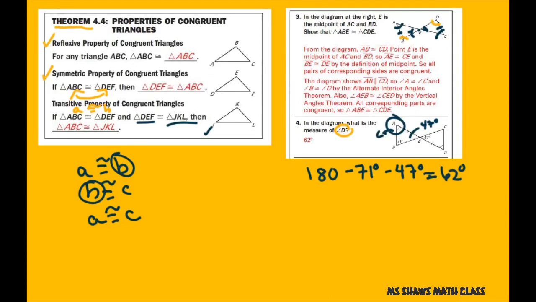So angle A is 62. Since these two angles are congruent, then that means angle D, the measure of angle D, is also 62 degrees.